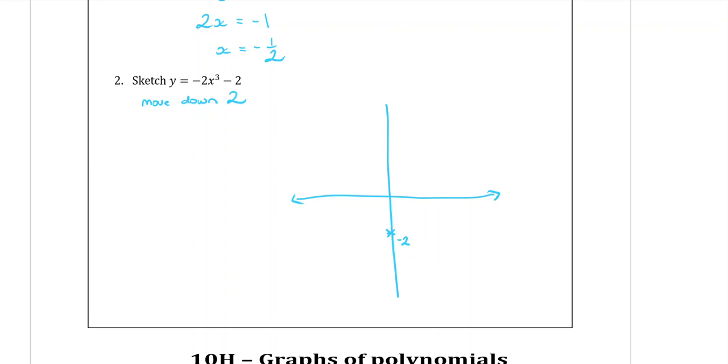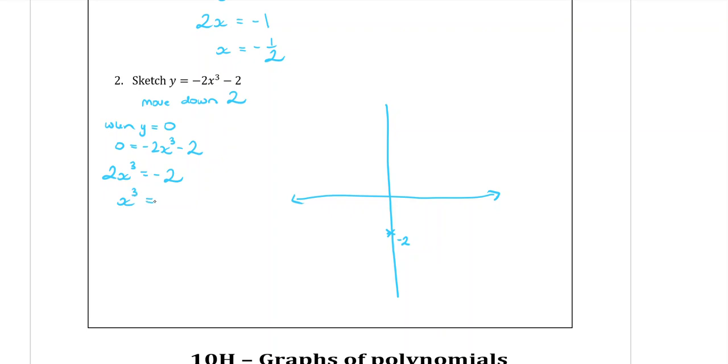Then we want to find the x-intercept. So we're going to sub in when y is equal to 0, and we will get 0 equals -2x cubed minus 2. Move the -2x cubed term across to the other side, and it will become a positive 2x cubed equals -2.